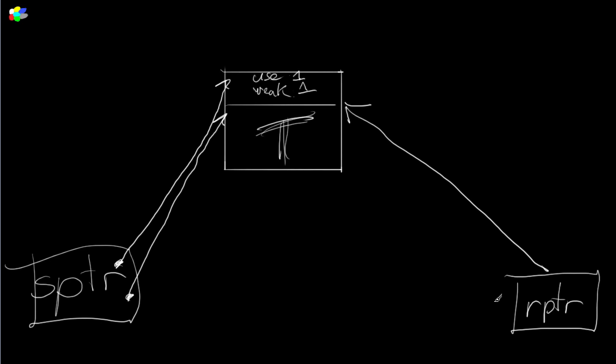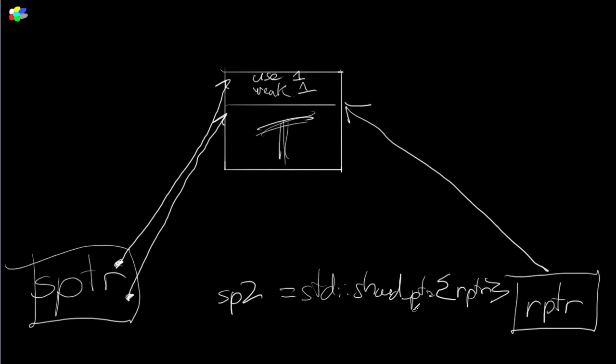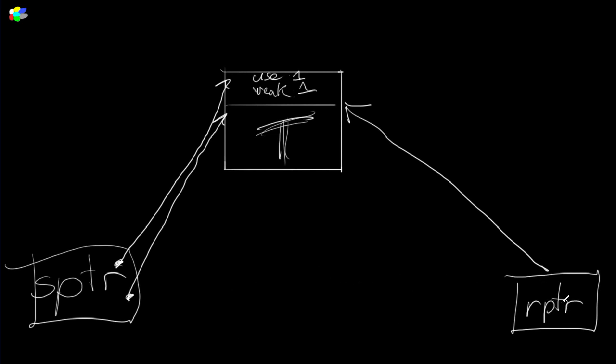Now, the naive solution would be, it's no problem. I'll just create a std shared pointer. I'll call the constructor. I'll pass it the raw pointer. And I will get my new shared pointer too. Oh, well, let's try that. If we pass this pointer to a shared pointer constructor, it's going to create another control block with a use count and a weak count, 1 and 1.